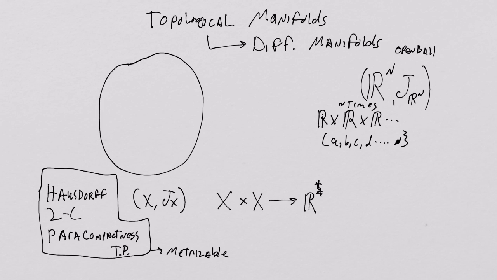And all the open sets in the topology are going to be made from finite intersections and arbitrary unions of the open balls that are available in the topology, in the base. So the base of the topology is these open balls.